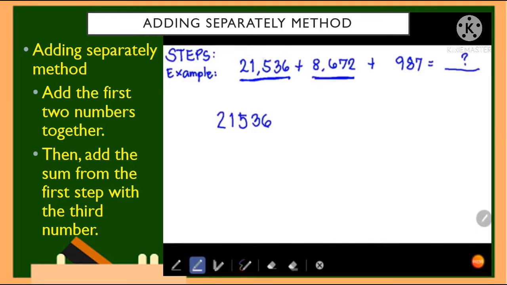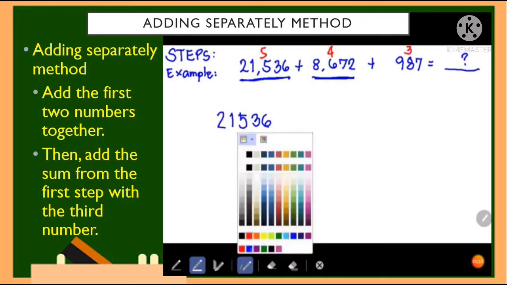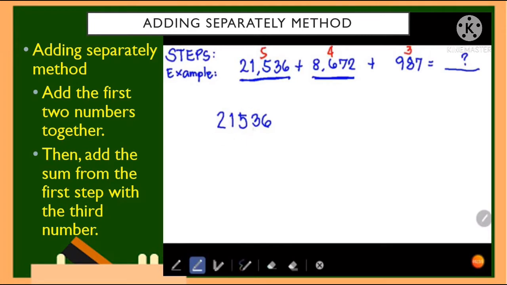Since this one has 5 digits and this one has 4 digits, we need to follow the rule on how to write them in the lineup process. For 8,672, we start with 2 on the ones place, and then 7, and then 6, and then 8.